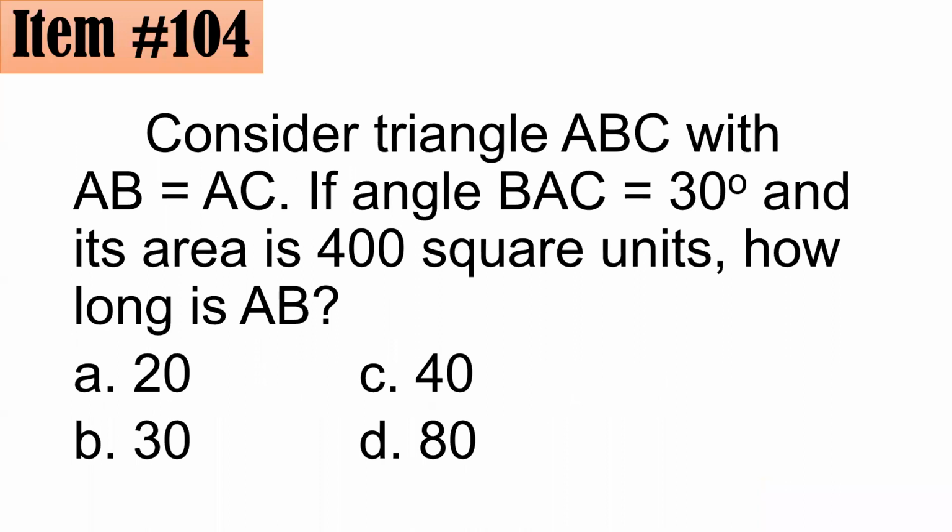104. Consider triangle ABC with AB equals AC. If angle BAC equals 30 degrees and its area is 400 square units, how long is AB? Okay, what do you think?